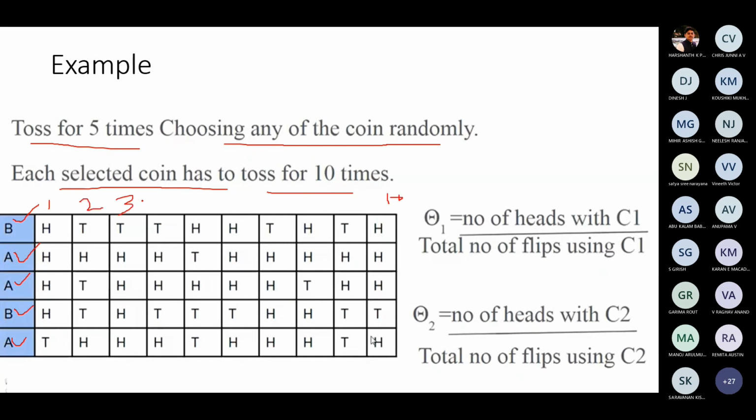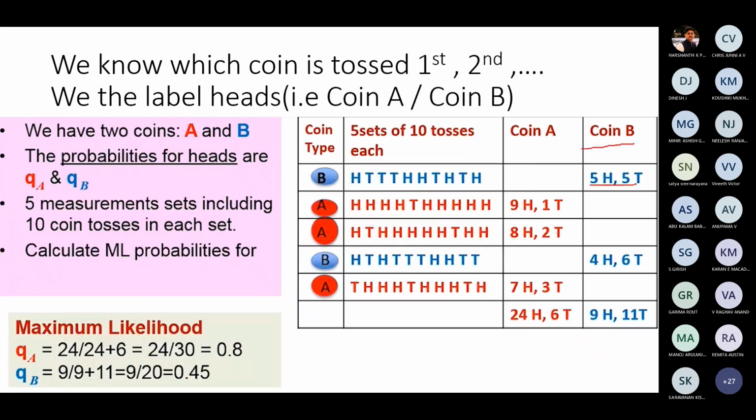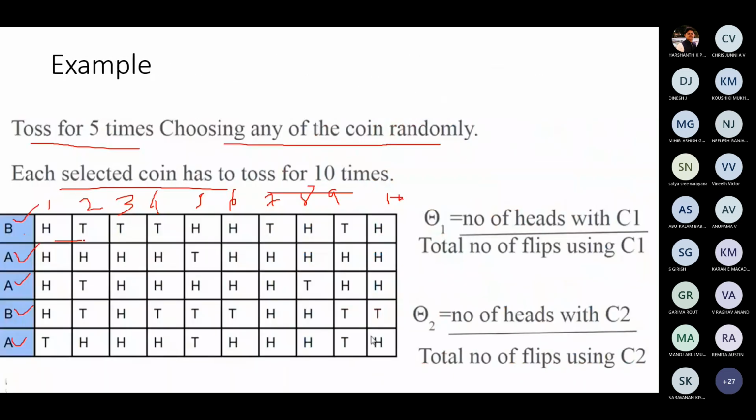1, 2, 3, 4, 5, 6, 7, 8, 9, and 10. So coin B after tossing 10 times, we get 5 heads and 5 tails, and you see this is a sequence. Coin A after tossing 10 times, we get 9 heads and 1 tail.